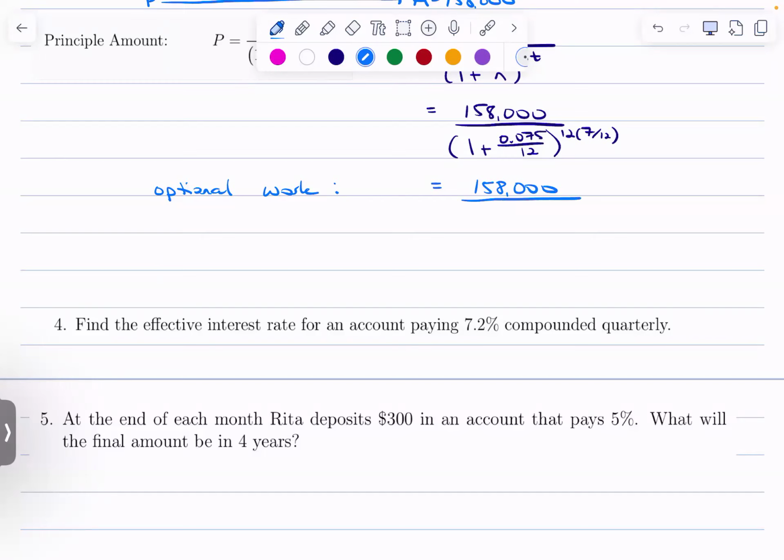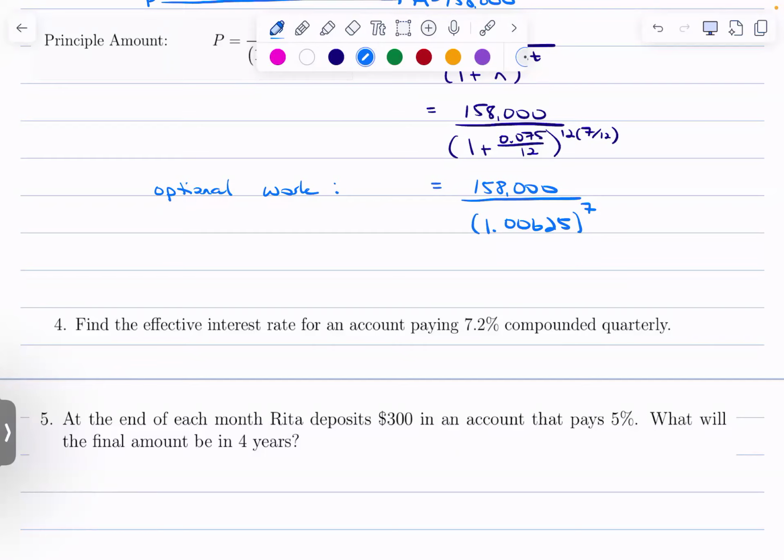But what I'm going to do is simplify the denominator just so that you can check your work. So 0.075 divided by 12 plus 1 is 1.00625 to the power of 7.